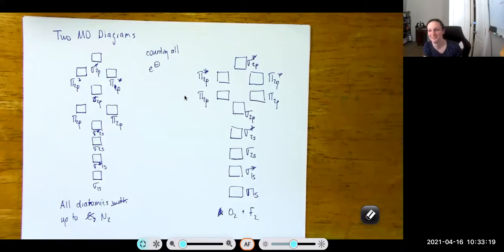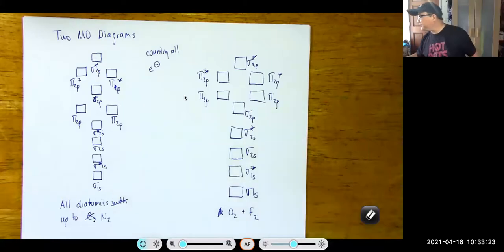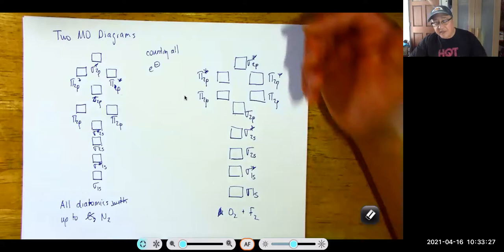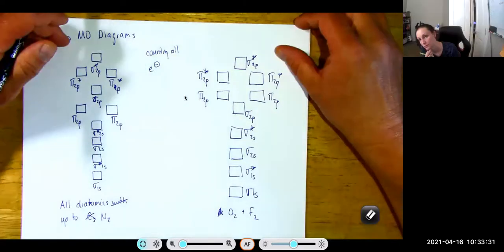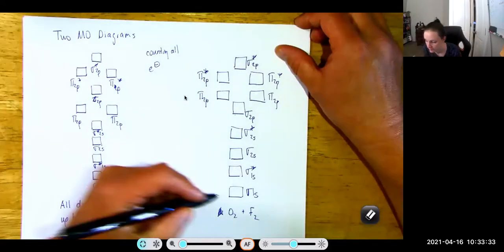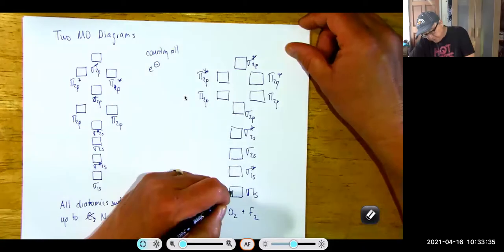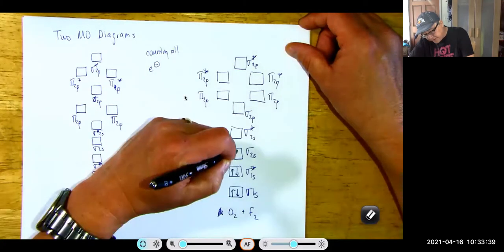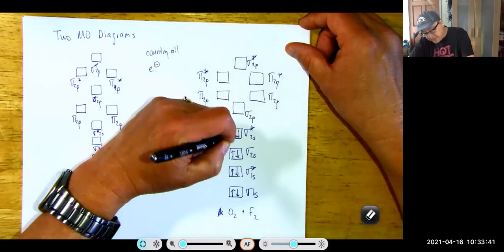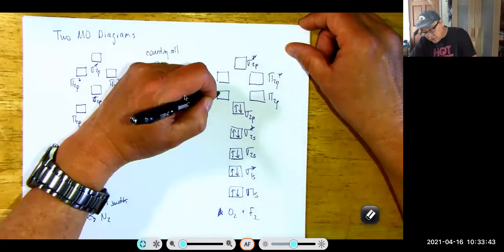Well, we look at the periodic table. We find out that oxygen has an atomic number of 8, right? So how many electrons does O2 have? 16. So we put them in like this. 1, 2, 3, 4, 5, 6, 7, 8, 9, 10, 11, 12.